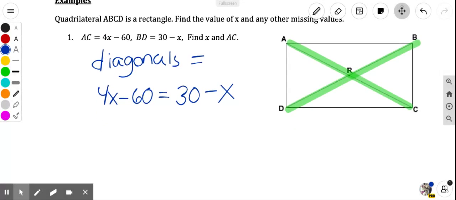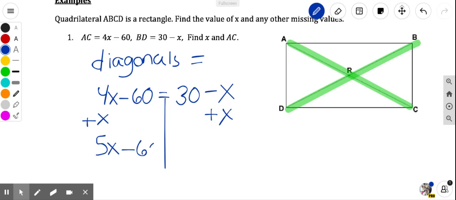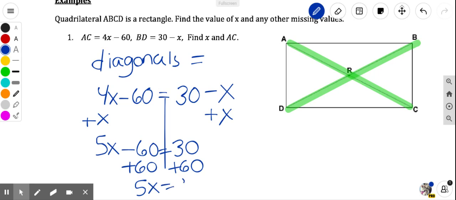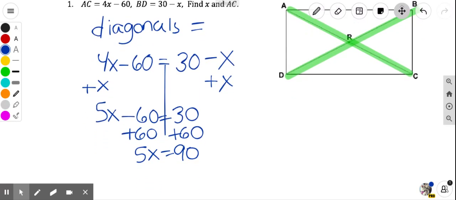That's your equation, and then we're just going to solve for x. We need to get the x's on the same side, so I'm going to bring this negative x over to the left by adding. So we have 5x minus 60 equals 30. Then we will add 60 to both sides, so we have 5x equals 90. And then our very last step would be to divide by 5.